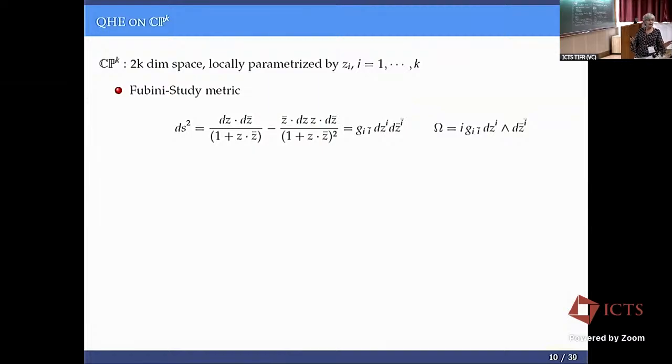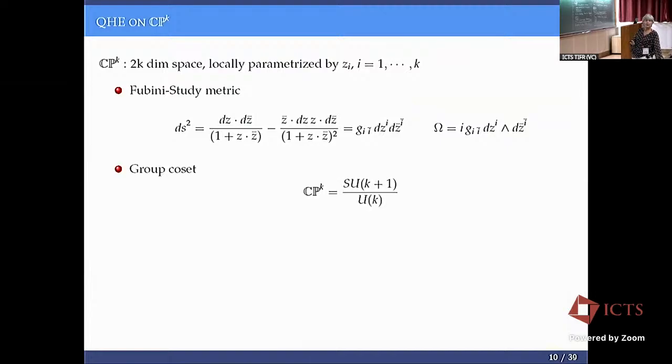Okay, let me say a few things about the complex projective manifolds. These are 2K dimensional spaces. They're locally parameterized by complex coordinates. They're endowed with the so-called Fubini-Study metric. And from here also we can read out the Kähler 2-form by creating the wedge here.